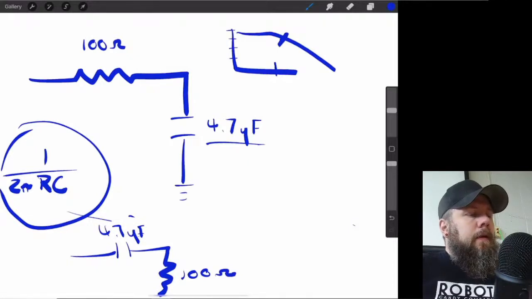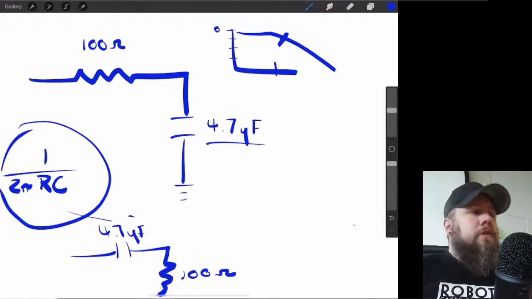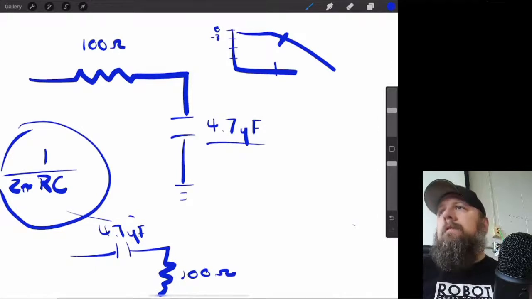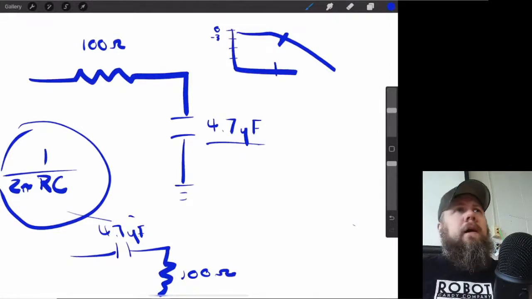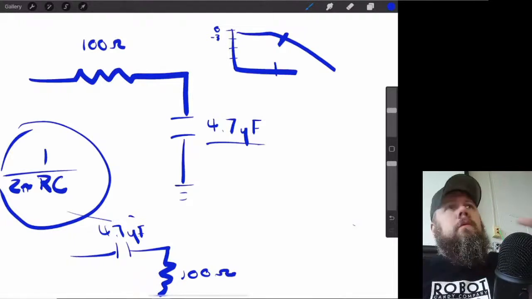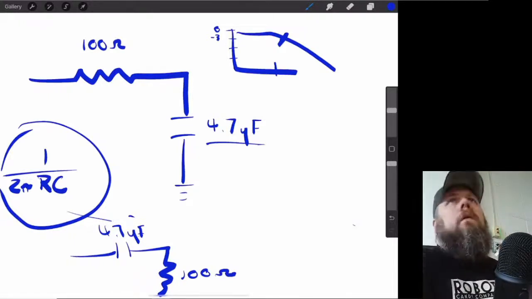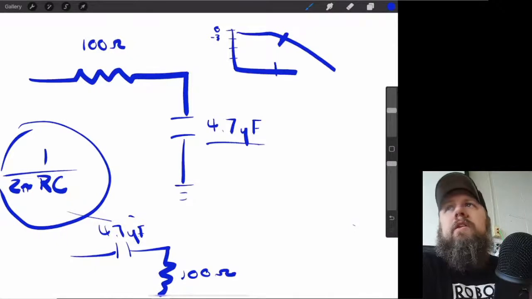And let's say 0 is no attenuation. A -3 decibel is half the amount of power out. Okay, like it's logarithmic. It's kind of strange. It's beyond the scope of what we want to talk about right now.